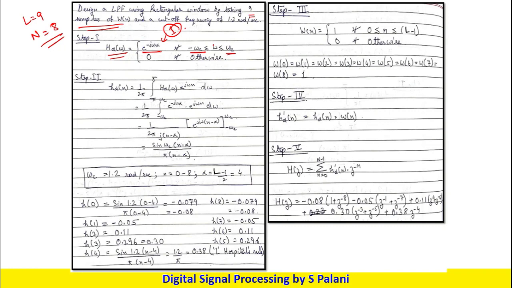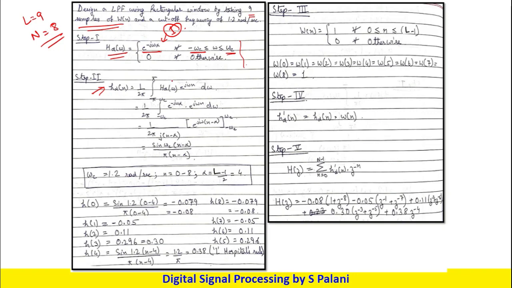Okay, so if you see, we have calculated the frequency response of the filter. What should be the frequency response of the desired filter, in fact, right? In step 2, we have applied the same formula.